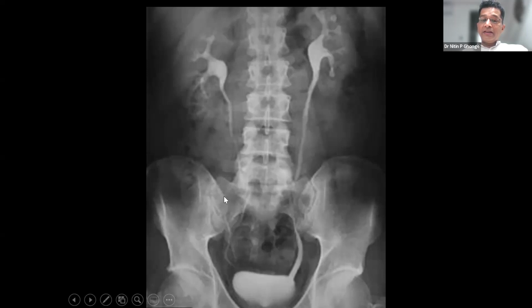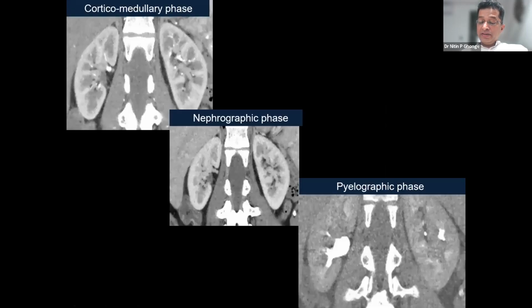It should normally overlie the transverse processes and then the sacral line like this, but here it is almost close to the paramedian location because of retroperitoneal fibrosis.